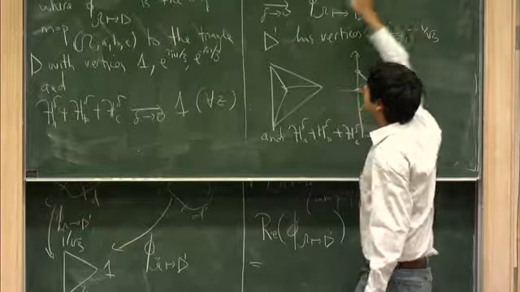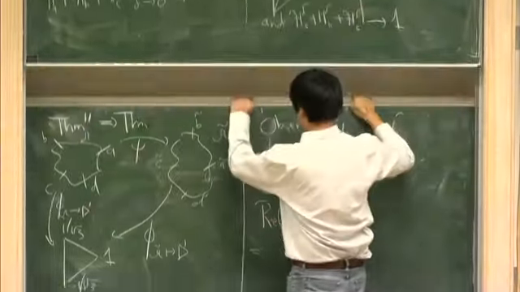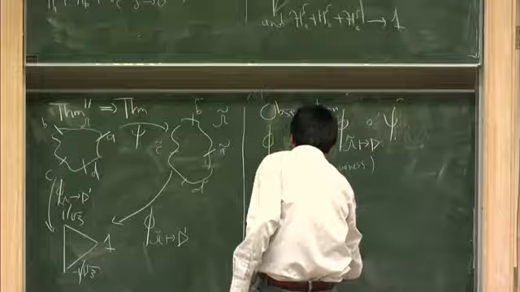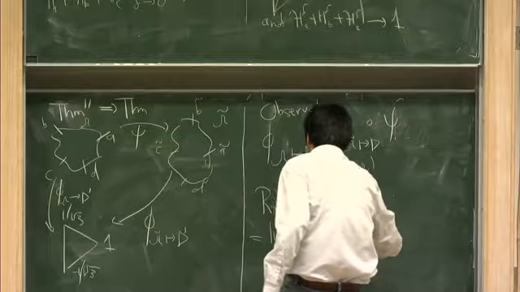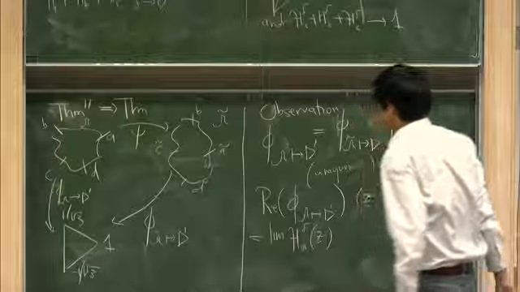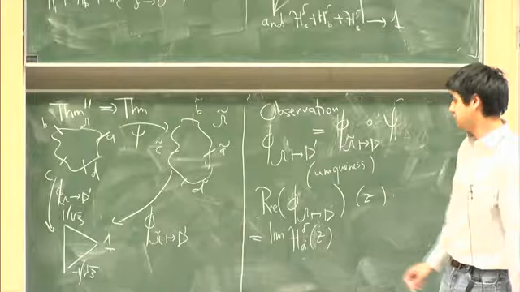They're probabilities. So there's only this guy left. So it's the limit of H A delta. Okay? So what we have is that H A delta is a conformal invariant.